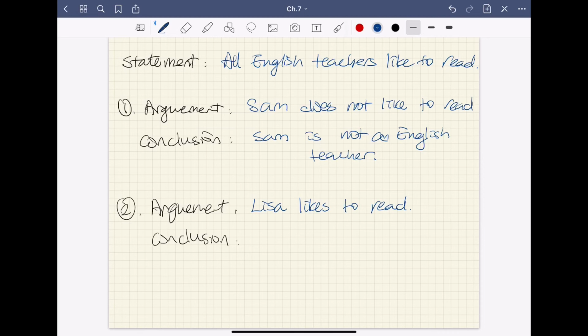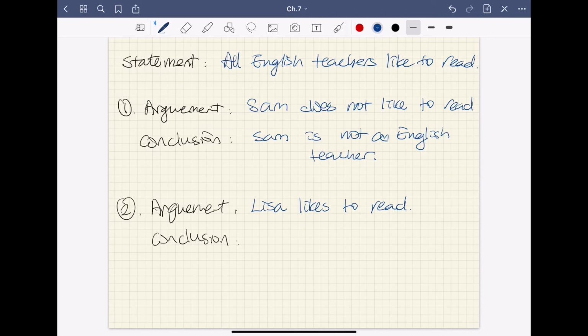Okay, for the same statement, the second argument is that Lisa likes to read. What conclusion can we draw here? Do we say that Lisa is an English teacher? No, we can't draw that conclusion because the statement only says English teachers like to read. It doesn't say anything about any other people. Maybe some other people also like to read.